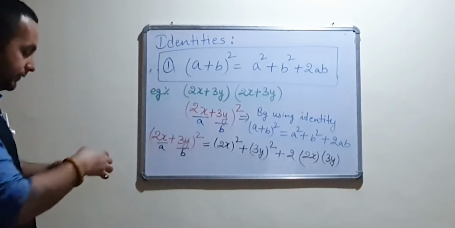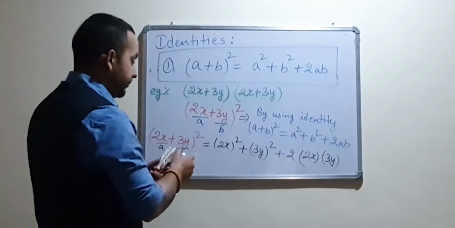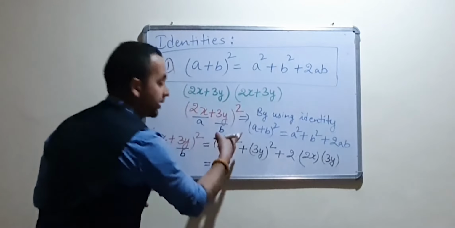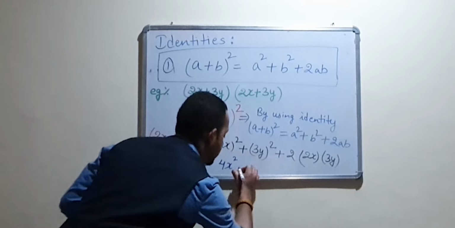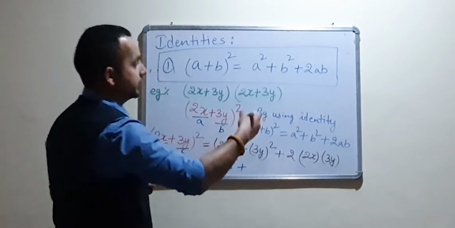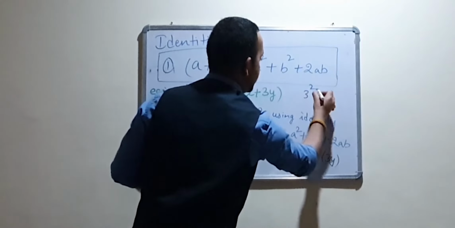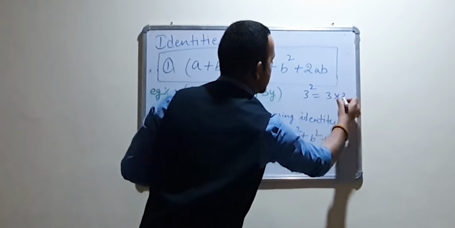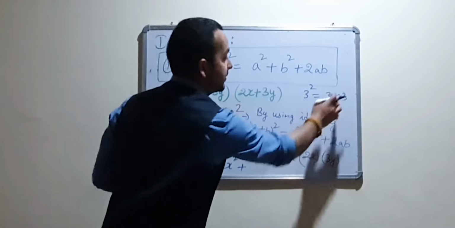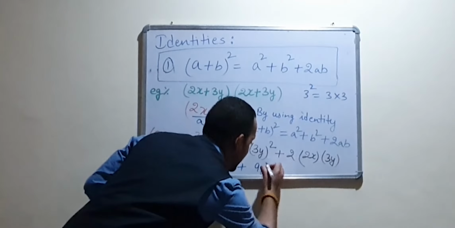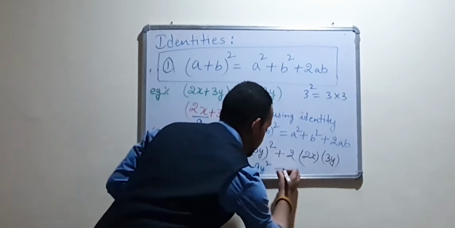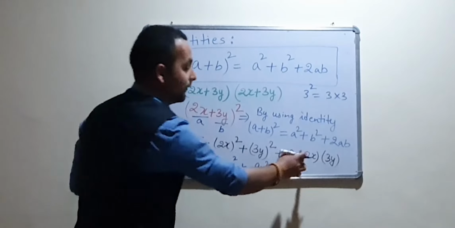Now we are going to solve this. So 2x square means 2 square, which is 4x square, plus 3 square. So 3 square means we are multiplying 3 two times, right? So 3 multiplied by 3, 9. So 9y square plus 2 2s are 4, 4 3s are 12.